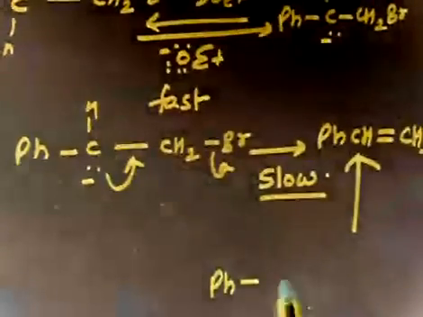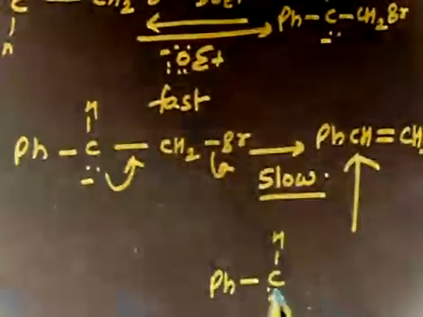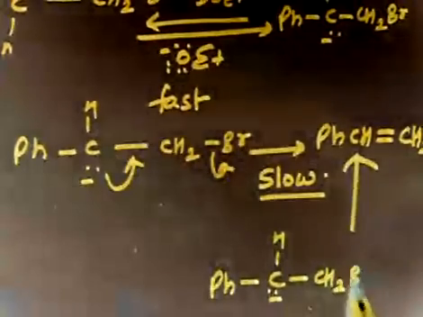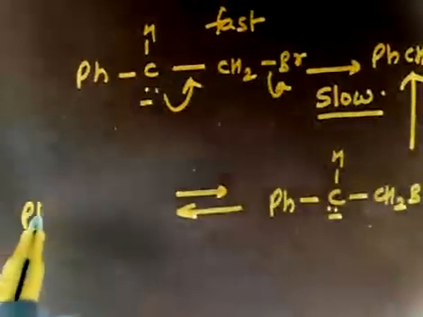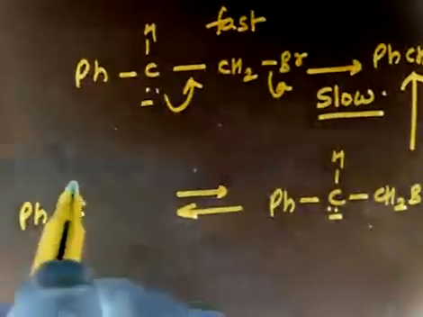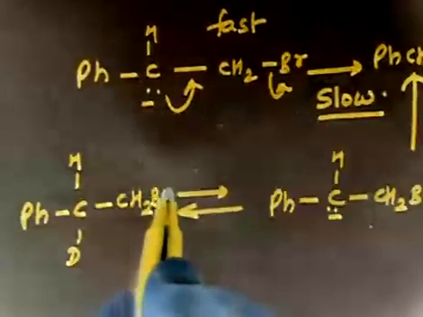So what can happen? You have PhCH minus CH2Br, and basically this minus can take D plus from the solution. So if this takes D plus, what will you have? You will have PhCDHCH2Br. Are you getting?